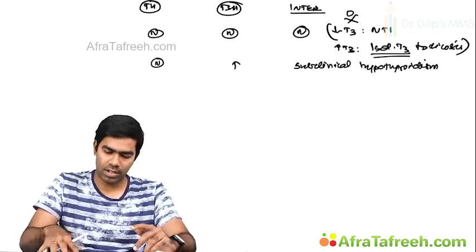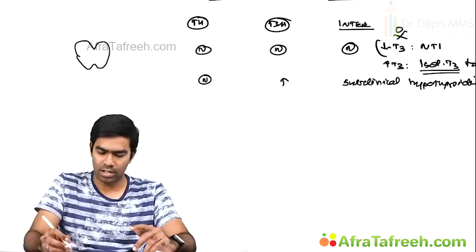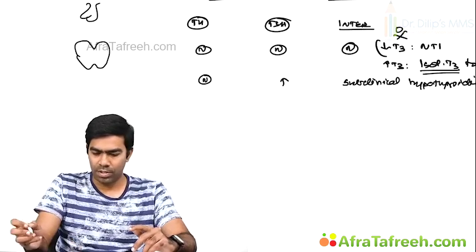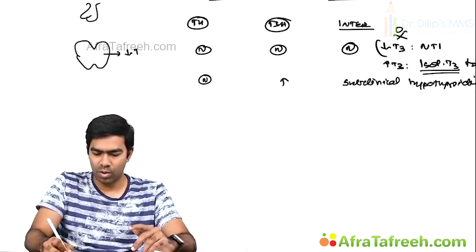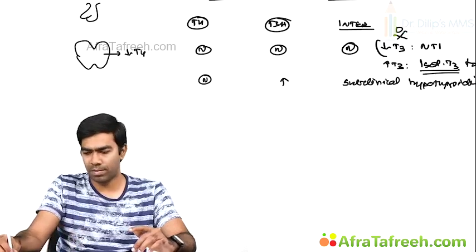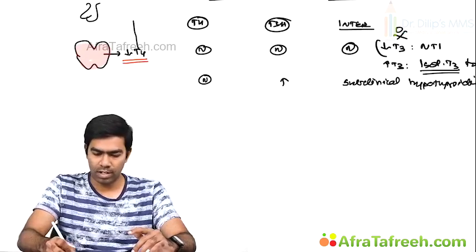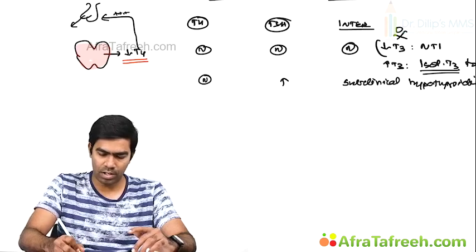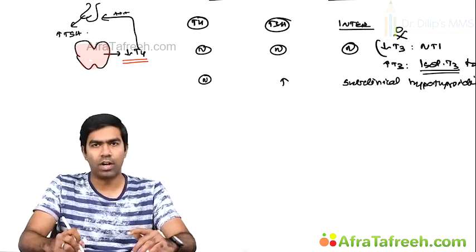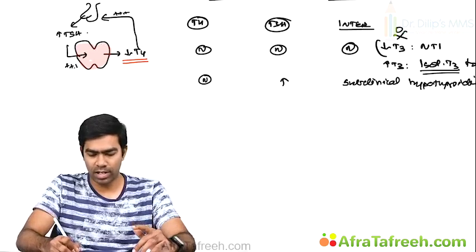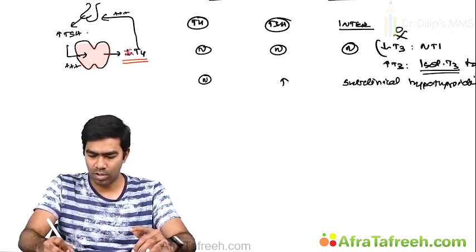Whenever you have a thyroid gland and a pituitary, if you have a low T4, which is a primary thyroid problem, that will obviously stimulate the pituitary gland to produce excessive TSH. Now this excessive TSH stimulates the gland, and it is needed to normalize the T4, which means the gland has to be continuously stimulated by that excess TSH to produce a normal amount of T4. By itself, it's a hypothyroid state only.